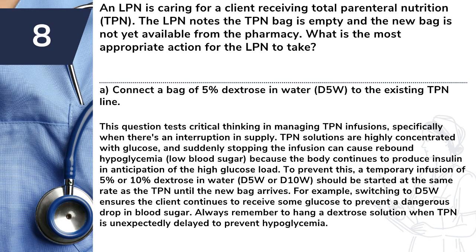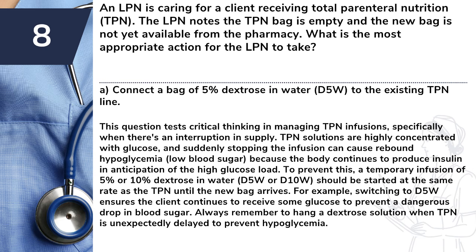Answer: A. Connect a bag of 5% dextrose in water, D5W, to the existing TPN line. This question tests critical thinking in managing TPN infusions, specifically when there's an interruption in supply. TPN solutions are highly concentrated with glucose, and suddenly stopping the infusion can cause rebound hypoglycemia, low blood sugar, because the body continues to produce insulin in anticipation of the high glucose load.